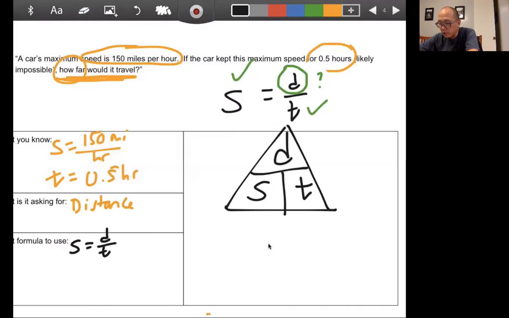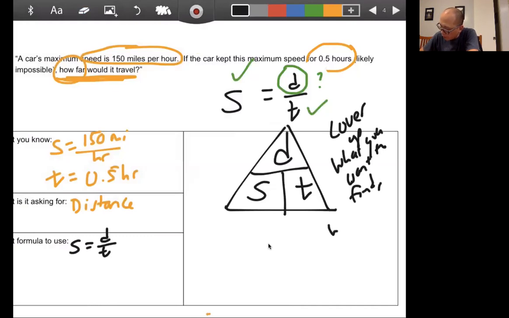Okay, now if you use this, it's very simple. It will help you figure out what the formula will be for what you're trying to find. And it goes like this. Cover up what you want to find.